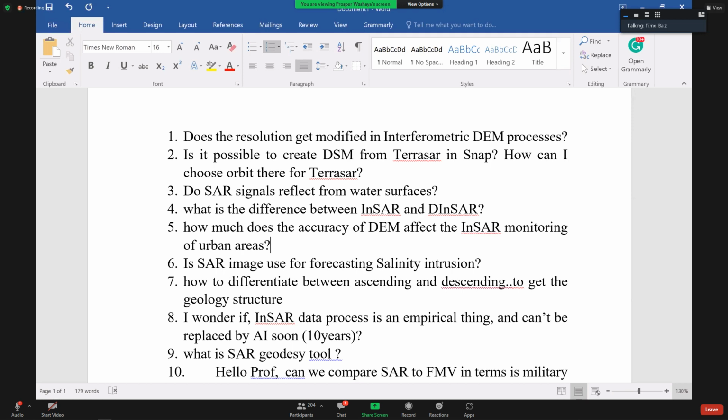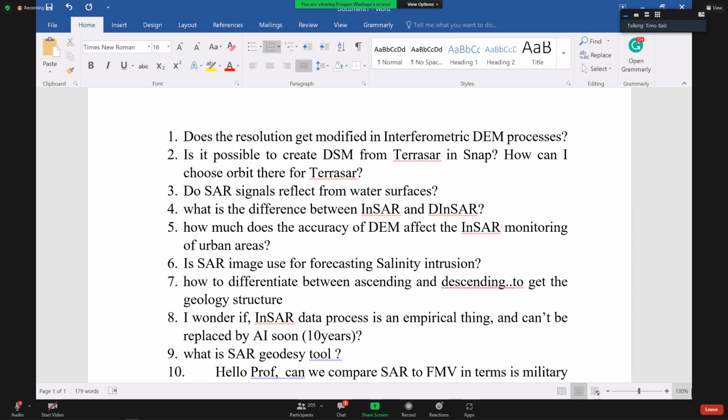It hits the water surface, it's going to reflect, but it's going to reflect away, and you get almost no signal back, which is the reason why SAR images of water are in most cases black, because we do not get any signal back. The difference would be when there are strong waves or something like that.